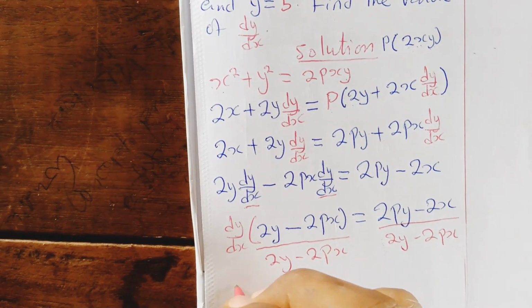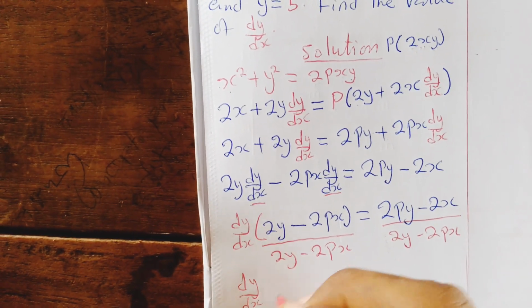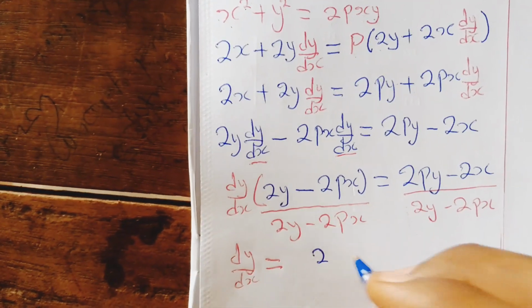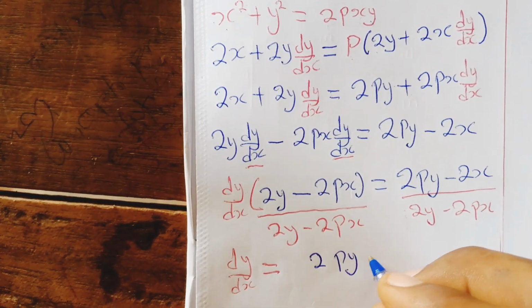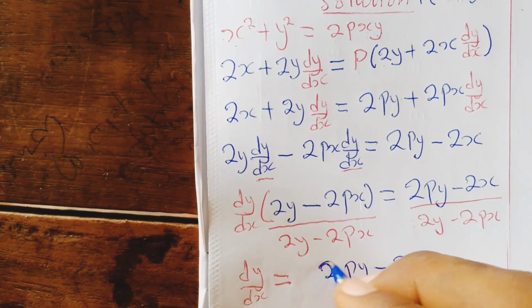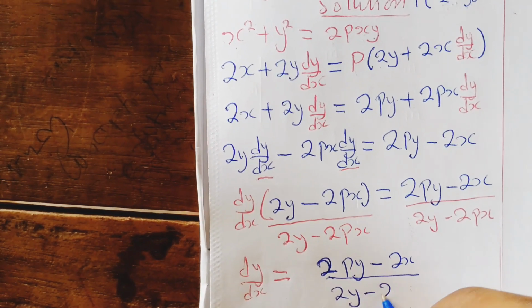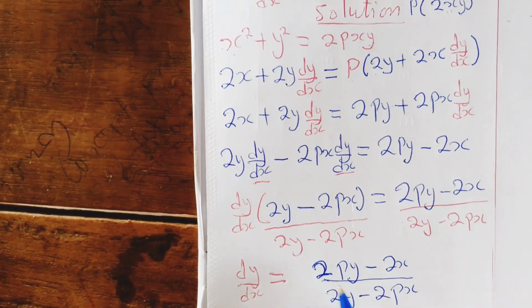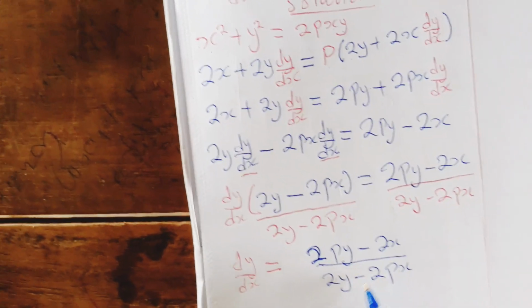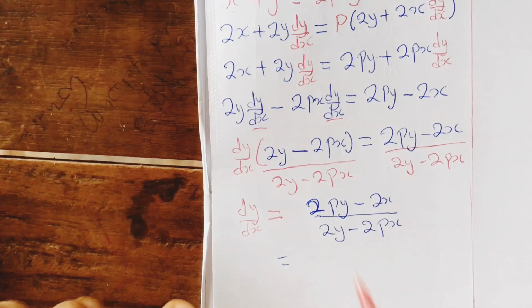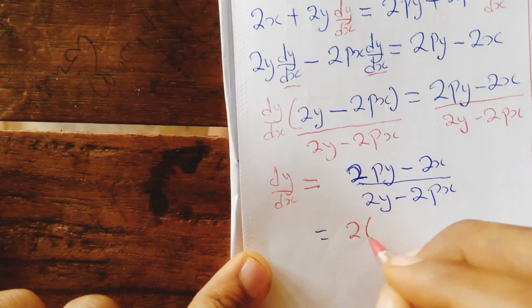So it implies that dy over dx is now equal to 2py minus 2x, all dividing 2y minus 2px. But when you look at this one, 2 is common to both sides. Here too, 2 is common. So let me factor 2 out. So here I'll factor 2 out.